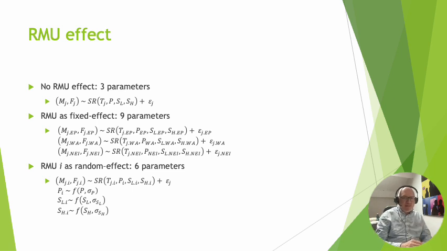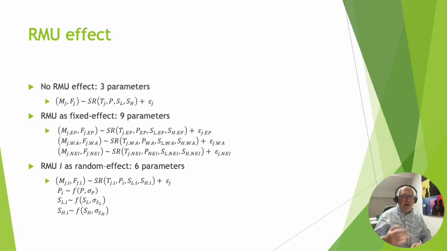If you treat RMU as a fixed effect, you will have 9 parameters. That is what we have done in the previous video. So for each RMU, we have a different model. So we have 3 sets of P, S_L, and S_H, then a total of 9 parameters.